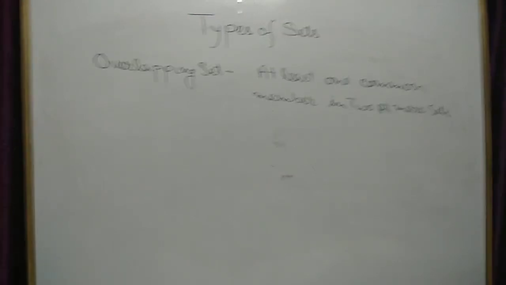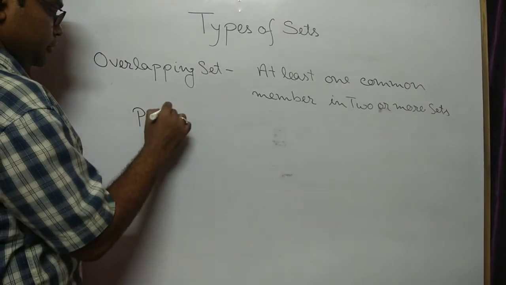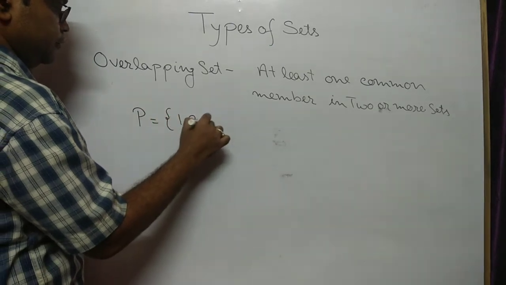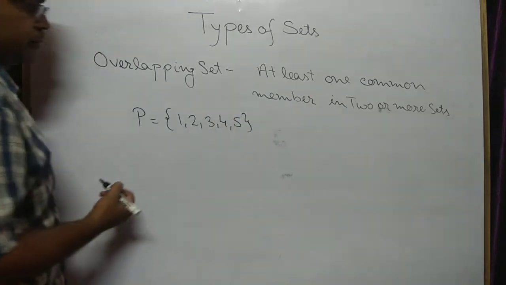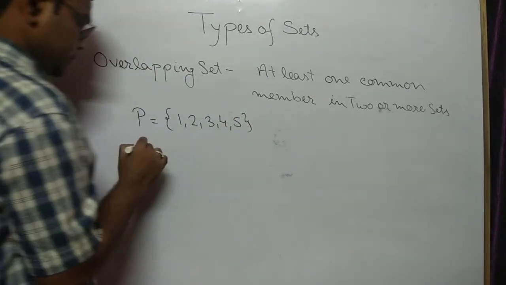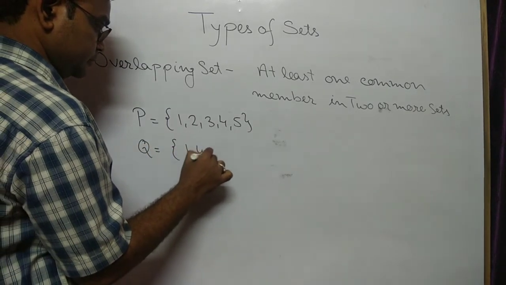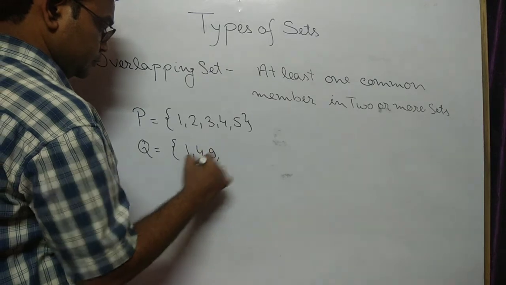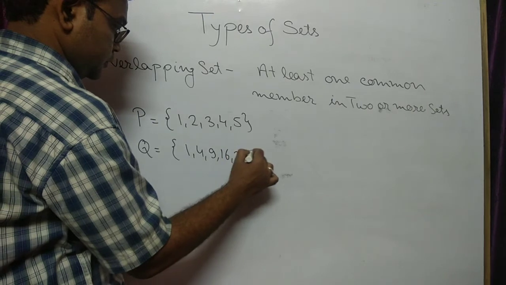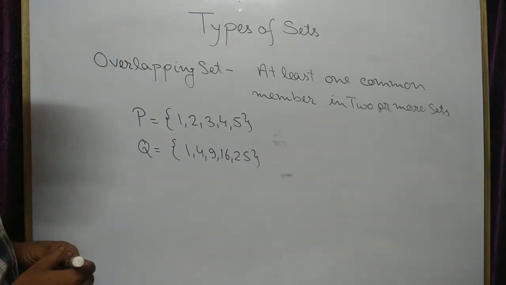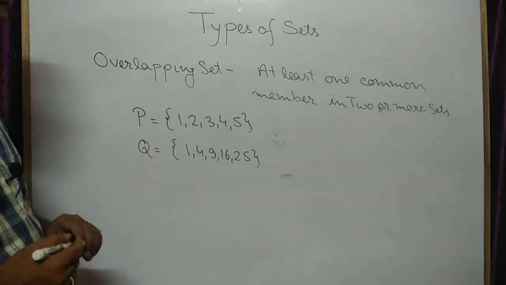For example, there are two sets. Suppose we have a set P, the set of the first 5 natural numbers, and there is a set Q having the first 5 square numbers. Here we can see that there are two common members, 1 and 4.